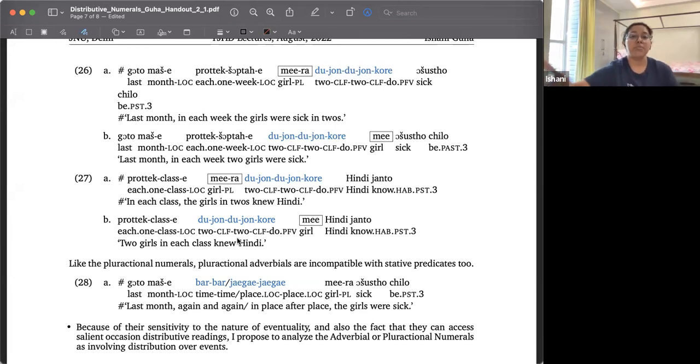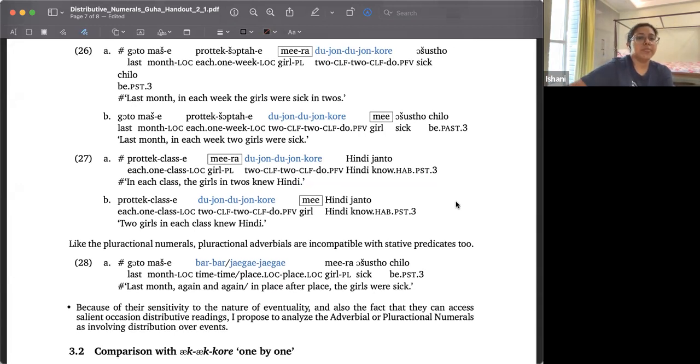So you have to use become, অসুস্থ হয়ে পড়েছিল or something like that. অসুস্থ হয়েছিল, not was. Whereas the adnominal one is perfectly fine with অসুস্থ ছিল, was sick.